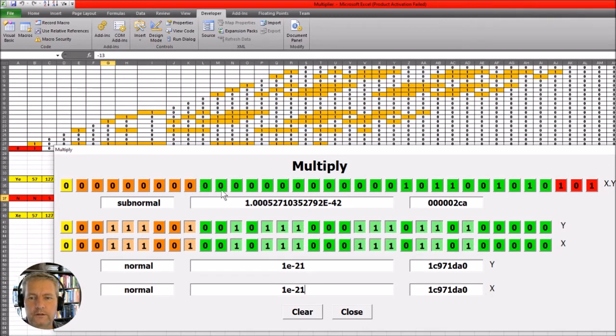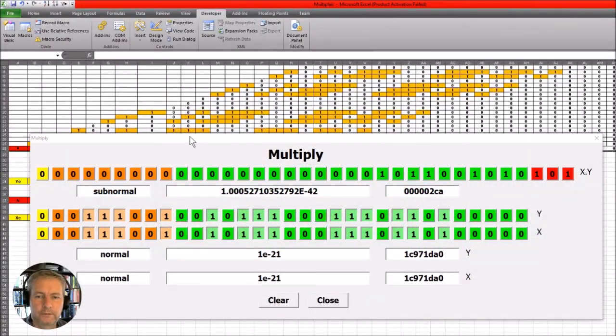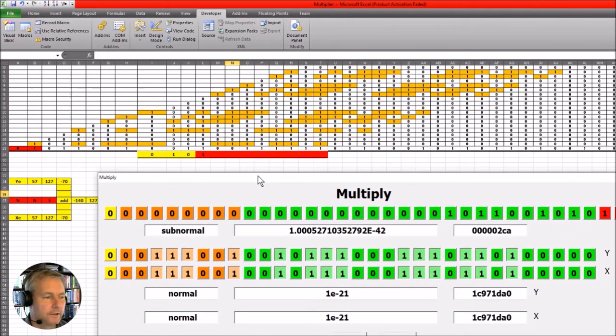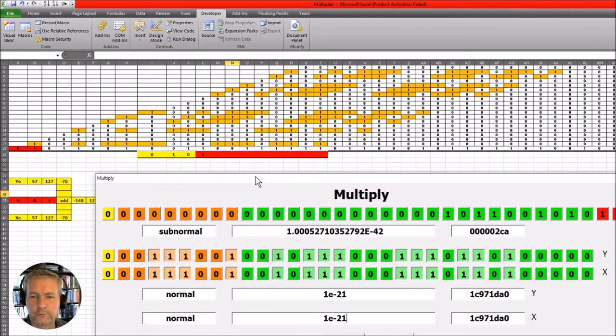Now there's one other interesting thing to note in this example here, and that is the issue of rounding. It's rather awkward to explain this, but we'll try our best and see if we can get an explanation of the rounding. If you were to look at the number here, which is the mantissa, this is nothing other than the 1011, and this is the 1011 here.